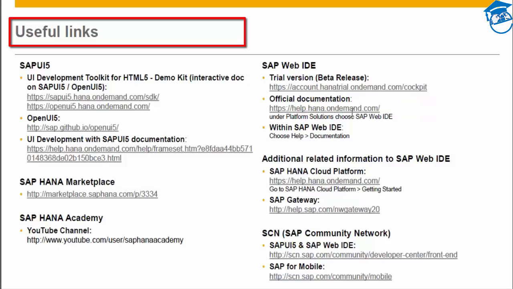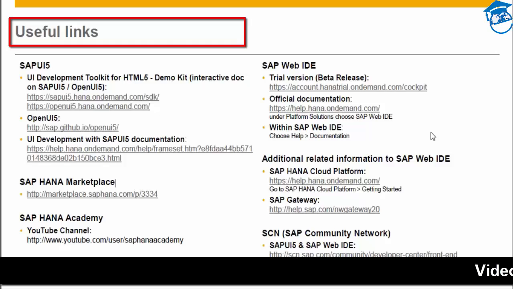And there's an official document as well, help.hana.ondemand.com. If you need any solutions for that, you can have them. Within Web IDE, choose help and documentation. First you have to register this, and you'll get a landscape where you'll see the screen where you can write your SAP UI5 code.